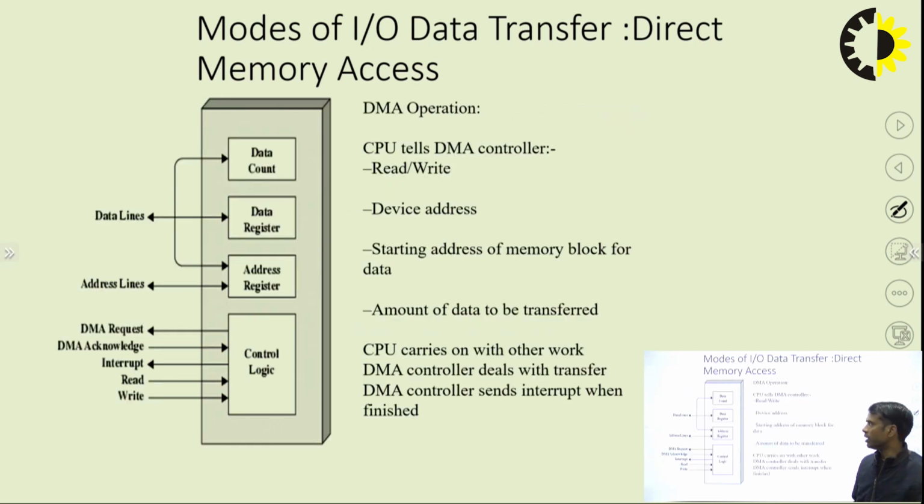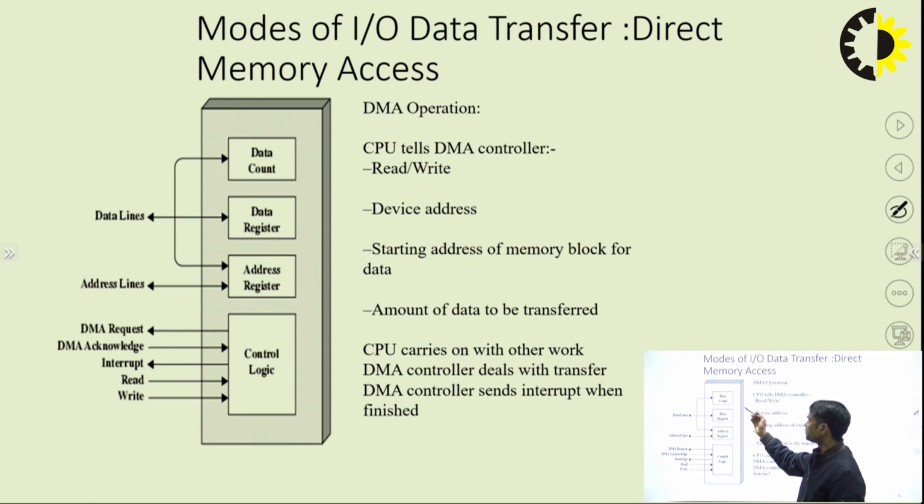So, the block diagram is very simple. This is a DMA module connected to the CPU bus, and it has certain control lines like DMA request to the CPU. If the DMA request is granted, it knows that DMA has the charge, and it generates an interrupt for the CPU saying that it needs the CPU's service.